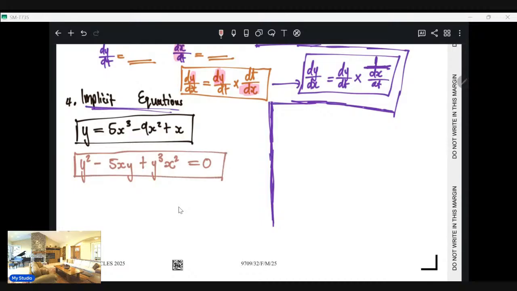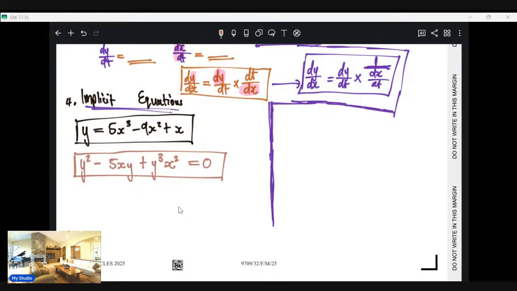I'll give you all the money in the world if you can make y the subject here. It's impossible. Do you understand? You can never make y the subject. It's mixed up. It's jumbled up. So you can't make y the subject.